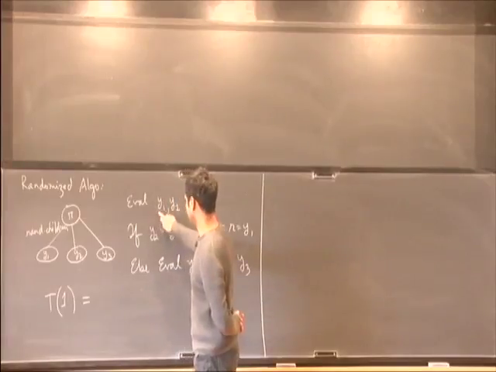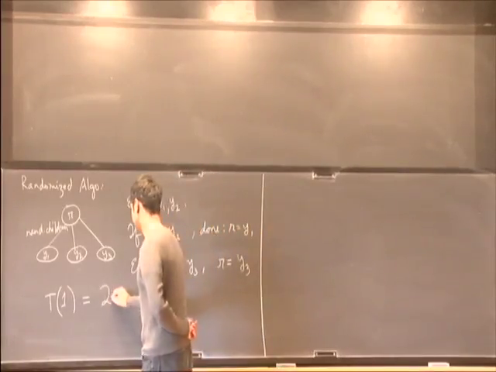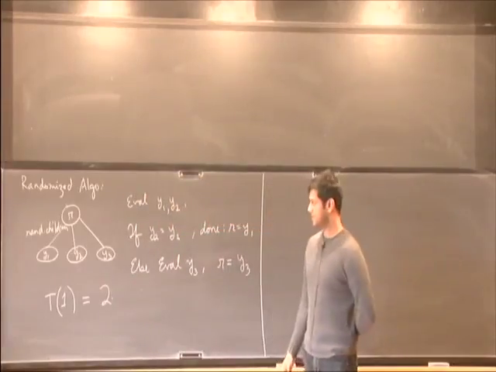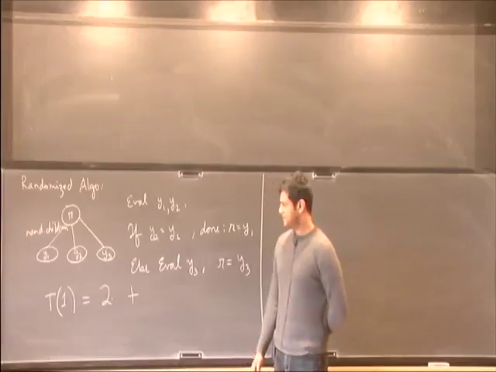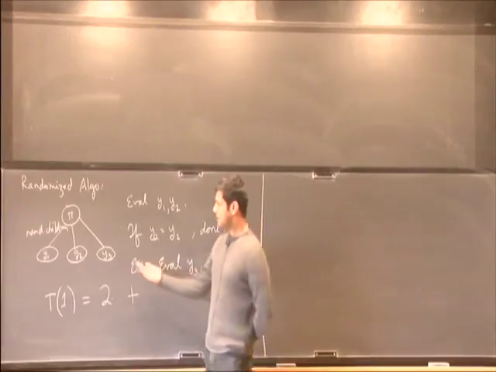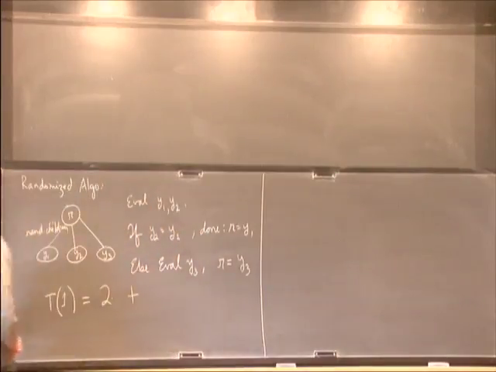You always evaluate y1 and y2, so you get a query complexity of 2, and then if you have a hard instance, the probability that y3 is actually the minority is simply 1/3.